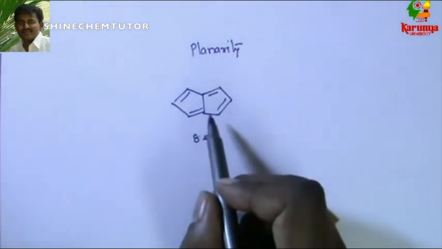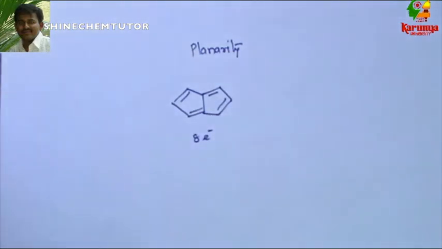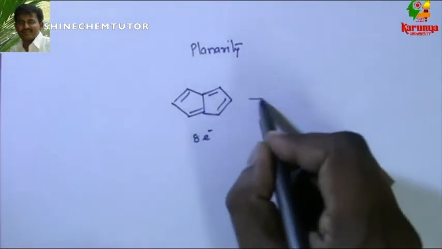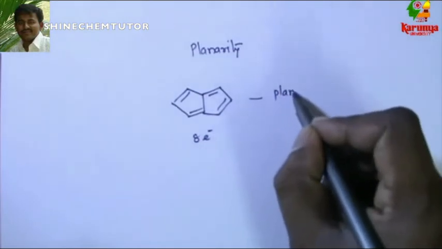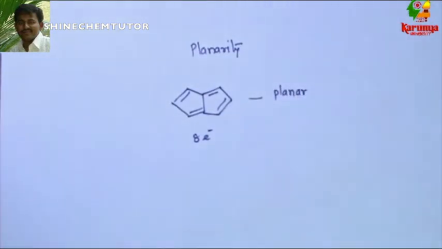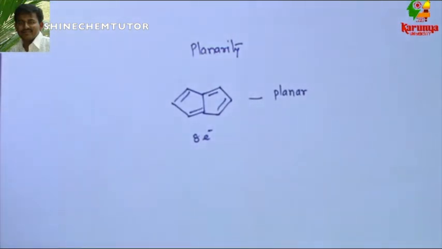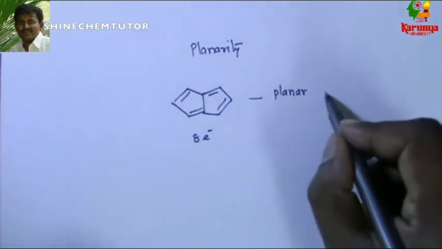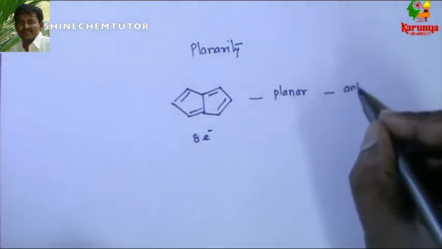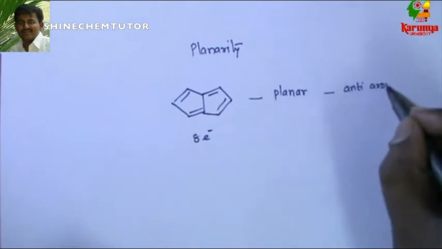Since it is a bicyclic compound, it cannot freely rotate and it cannot change its structure. So it becomes planar. It is cyclic, it is planar. The number of electrons involved in the delocalization is a multiple of 4. So this compound is anti-aromatic.